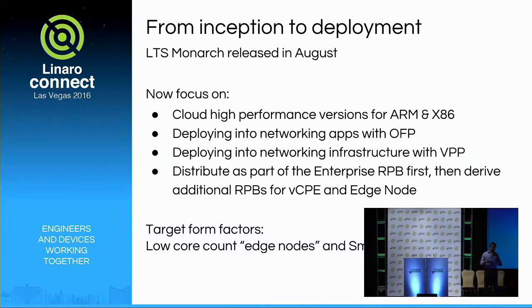Now, in addition to the reference implementation, we will be releasing two high-performance ODP implementations, hardware agnostic, on ARM and x86. So both solutions can be used to build products.